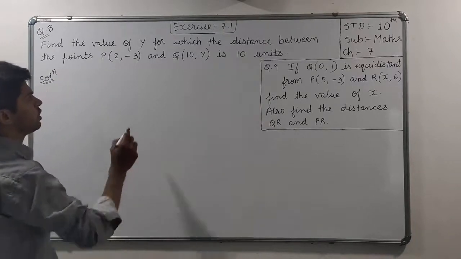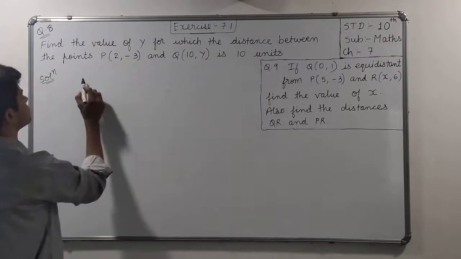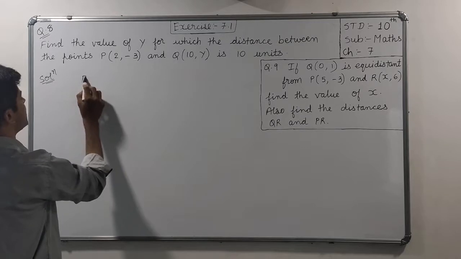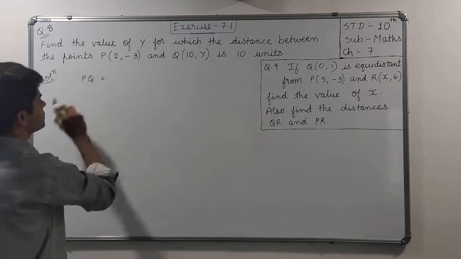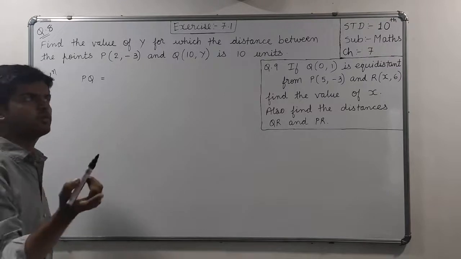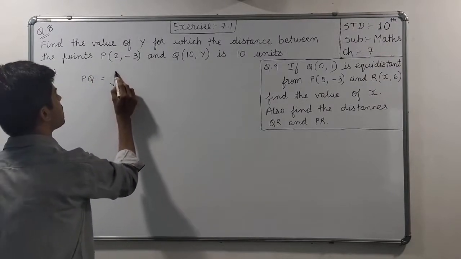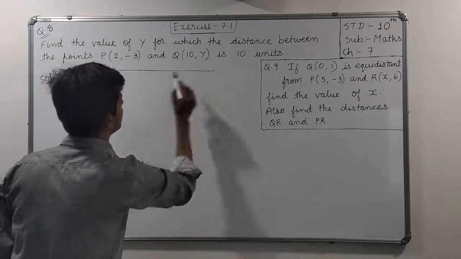Okay, so distance between these two points P and Q is given by the formula, you know only, right? First minus first, but as here only it is PQ, we have to write under root, right?